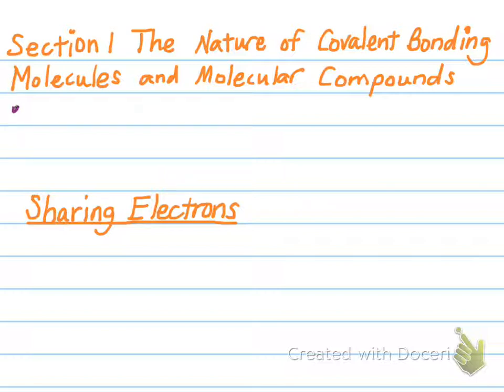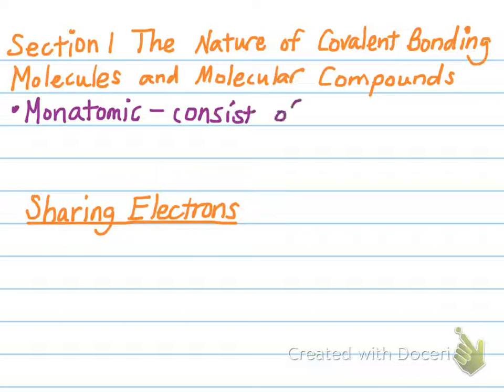So we're going to start by defining the term monatomic. Atomic, hopefully that makes you think of atom, and mono means single. So monatomic means that something consists of single atoms.